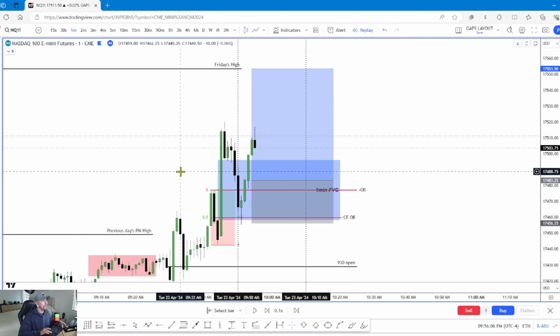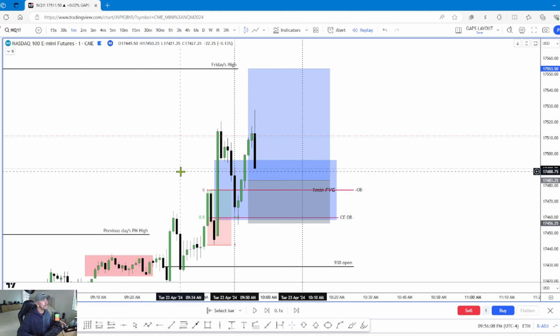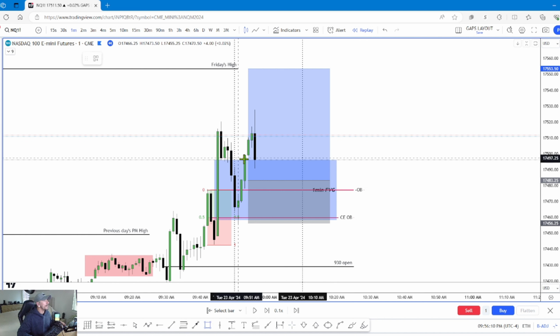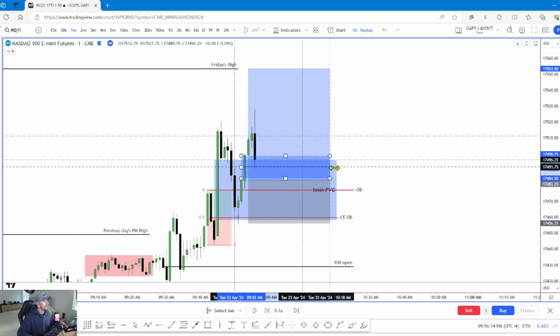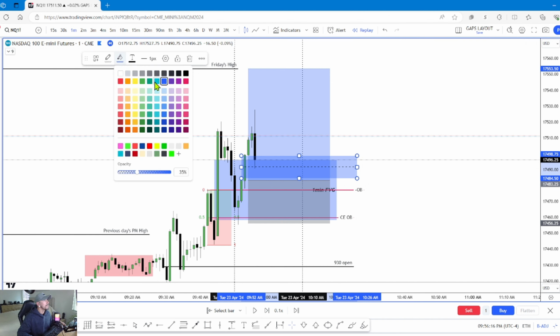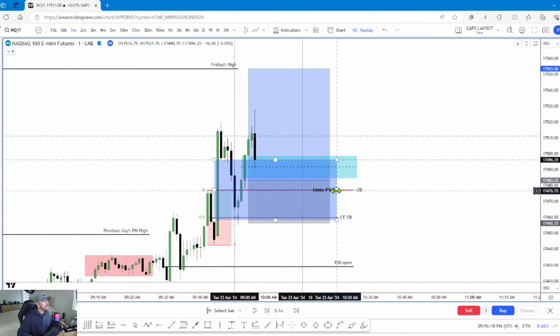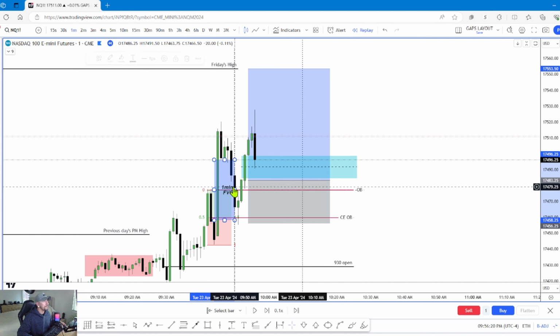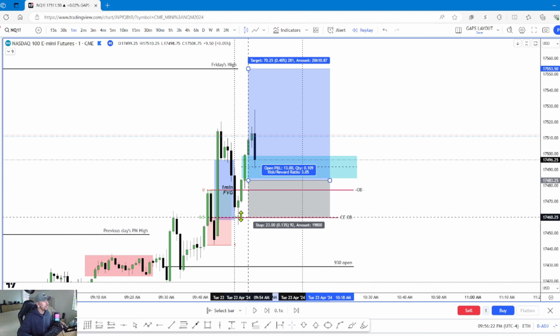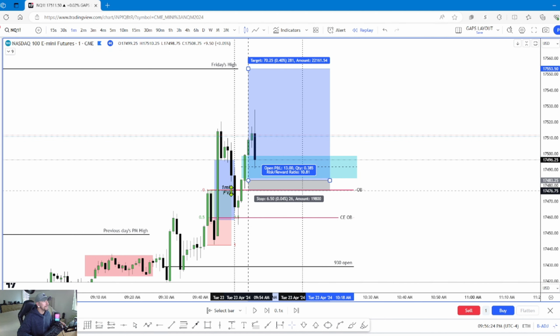Nice movement higher. Okay, we now have this 1-minute bullish fair value gap in here. So we can move this one out of the way. We can reduce our risk in here to the top of the order block, or a little bit lower.